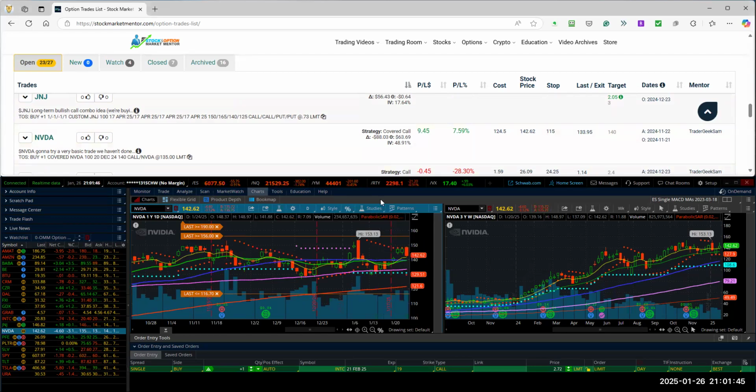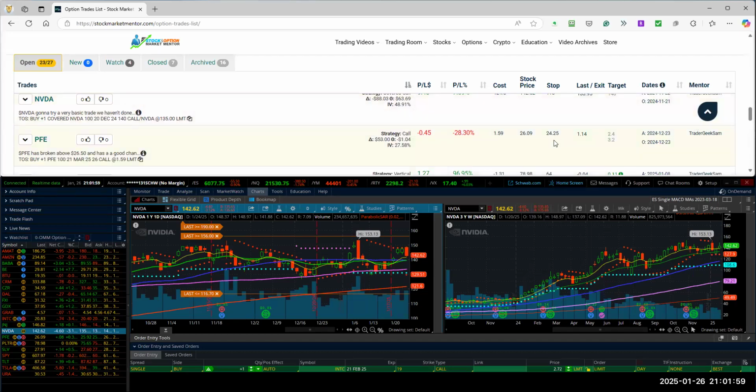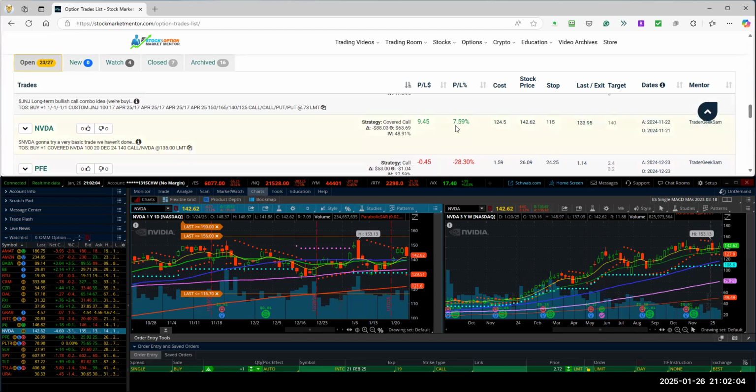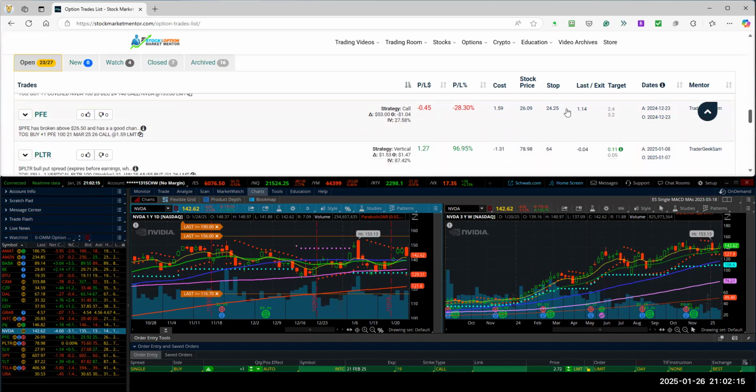In any case, this is a full covered call, and we have it at the 140 strike, so we don't have a lot of risk here, and we've been doing this for 3 months so far. We are, sorry about that, up about 7.59%, and the max gain on this when we started out in December was going to be 5%. So we're over that 5%. And this one's turning out to be a nice covered call.